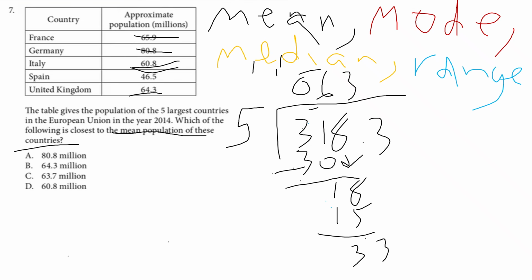And 5 can go into 33 6 times. So there's a decimal right there. So we're going to do 6. And that 6 times 5 is 30.